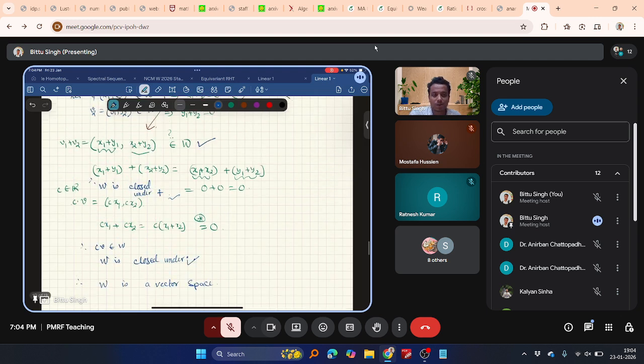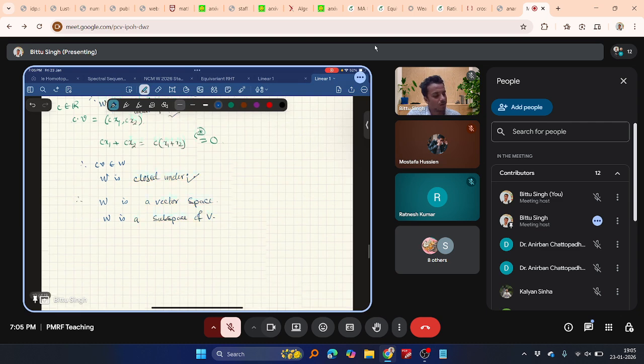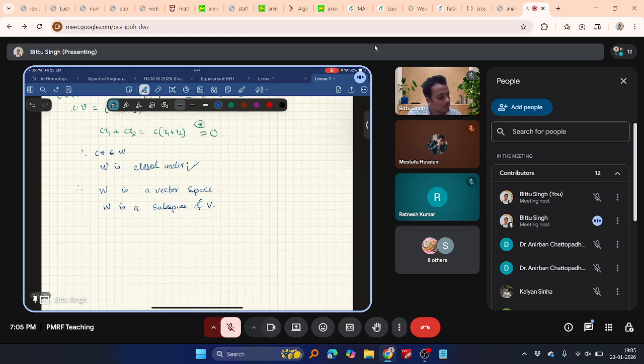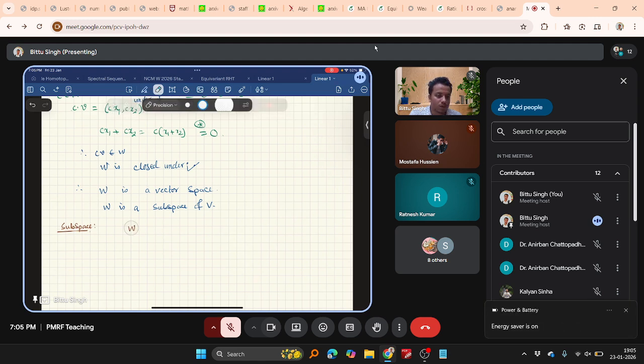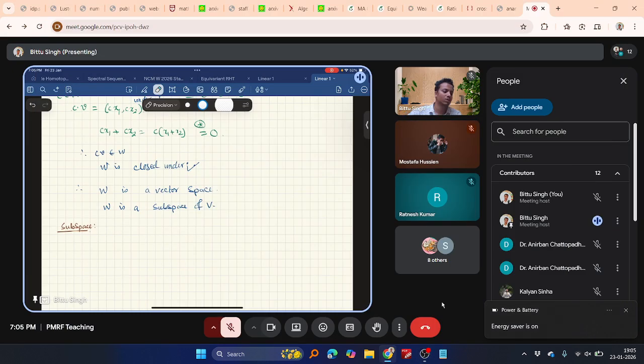Therefore, W will become a new vector space. But W is also a subset of V. Therefore, W is called a subspace of V. So, how can we define a subspace?